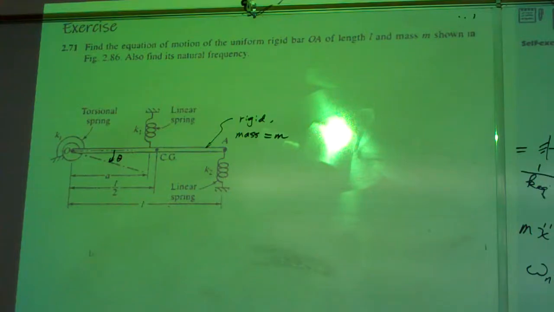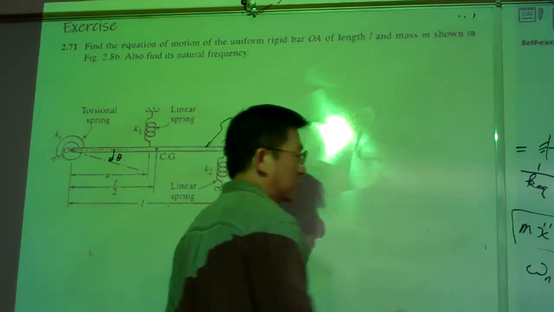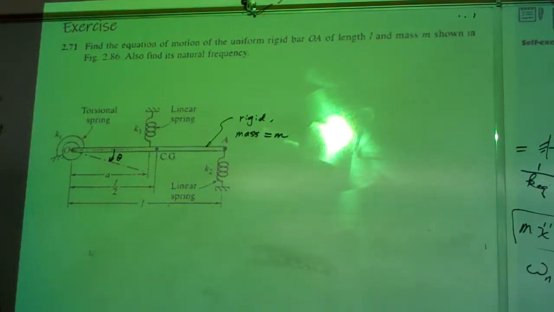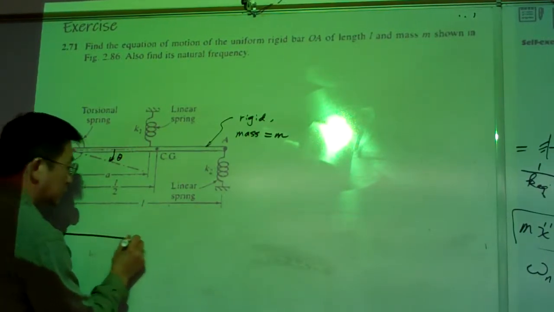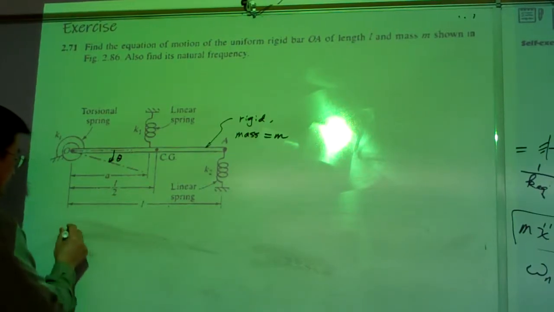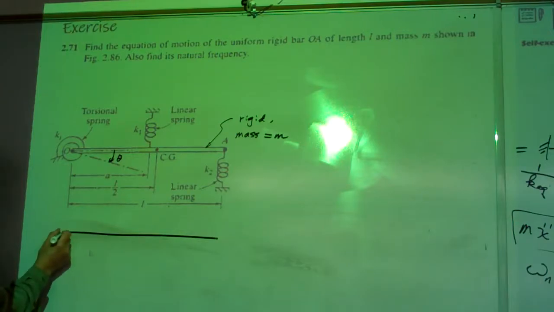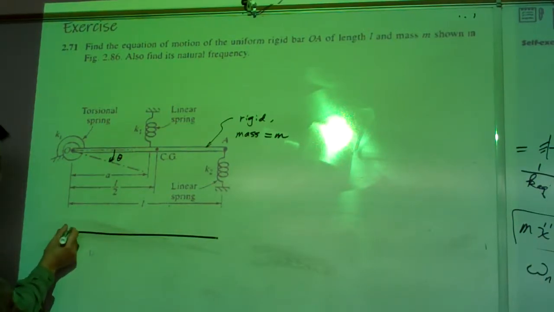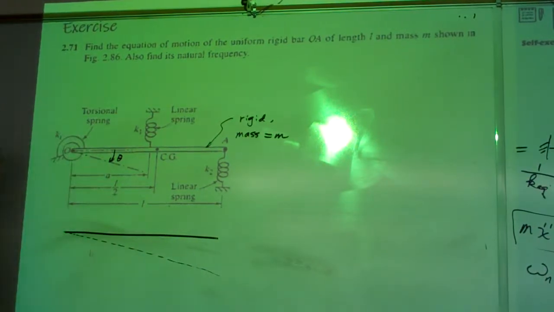So for this case, we need to determine the equation of motion in this kind of template. That is the first thing. Because this is rigid, once it is displaced, it will remain a straight line after deformation.